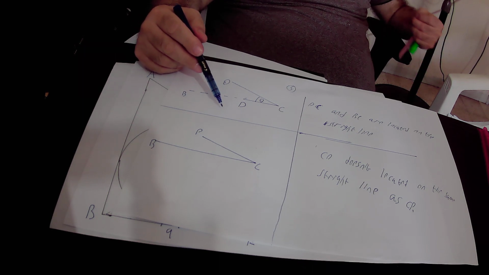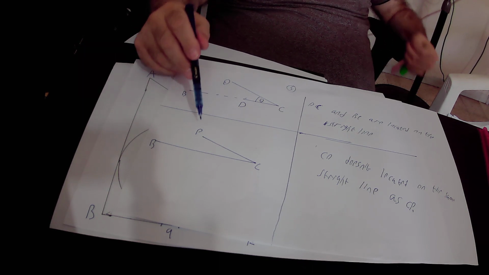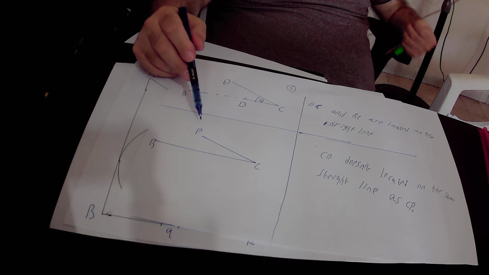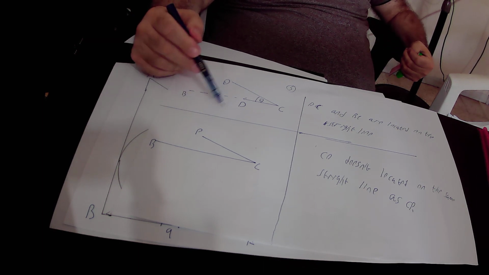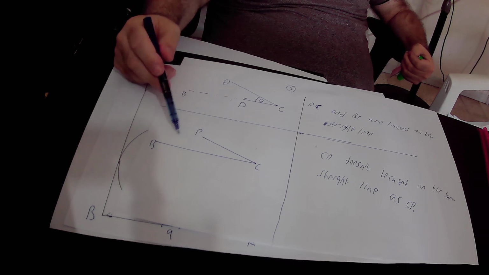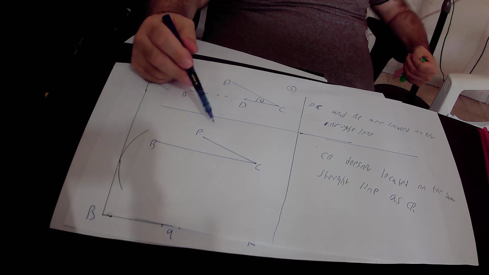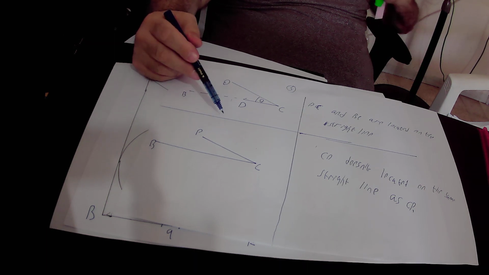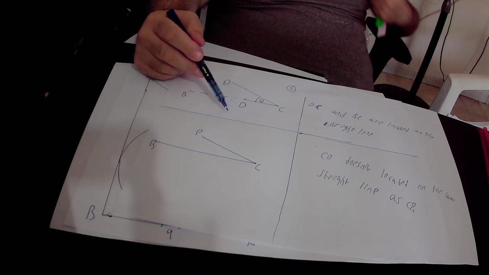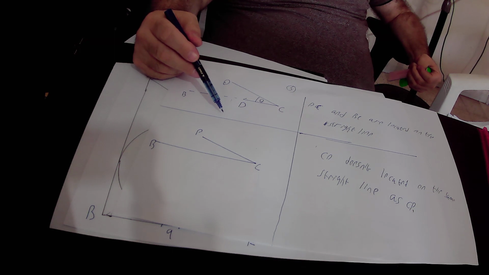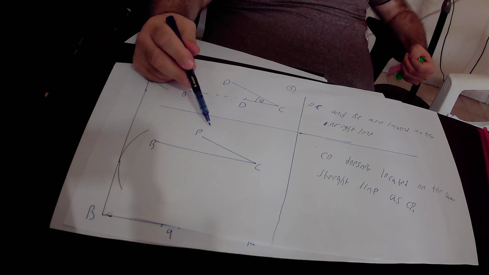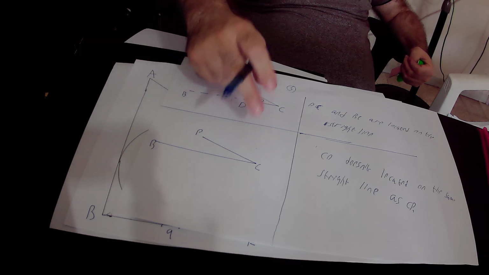Why? Because in order for the two angles to be equal, if the first leg is located on the same side line, as you can see here, then the second leg must also be located on the same side line. But according to our assumption, it isn't. Okay, therefore you can conclude that those two angles are not equal to each other.